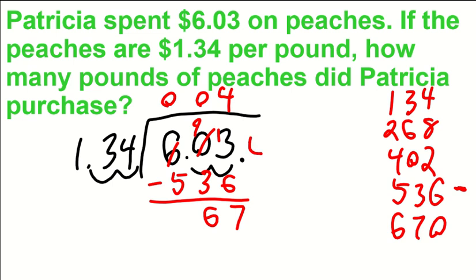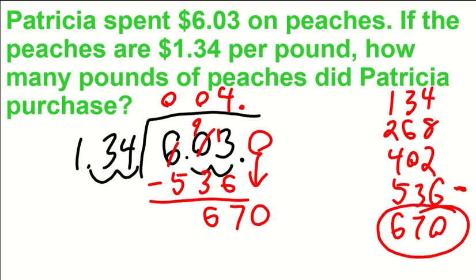Well, we can add as many zeros as we want after the decimal. So bring that down. Our decimal comes straight up. And we can see we already got the 670 right over here in our list. So that's 0.5. And we got that for 0.5.